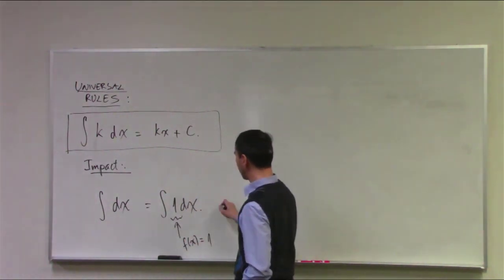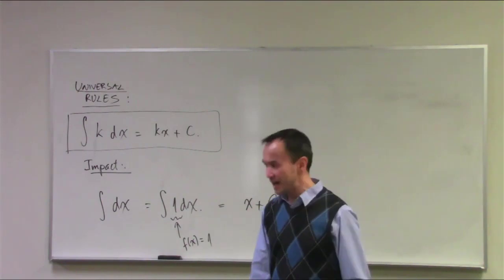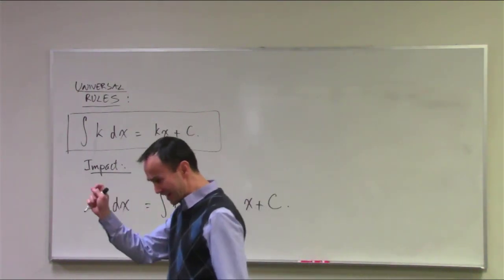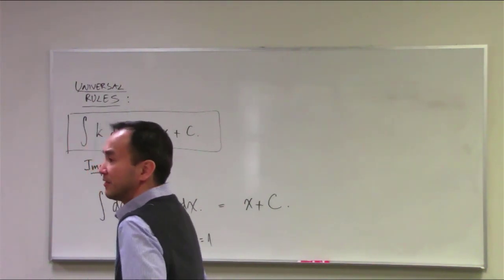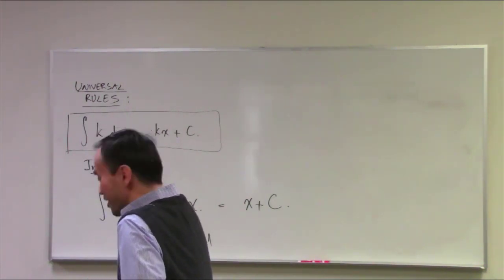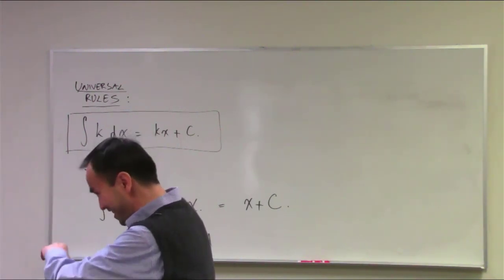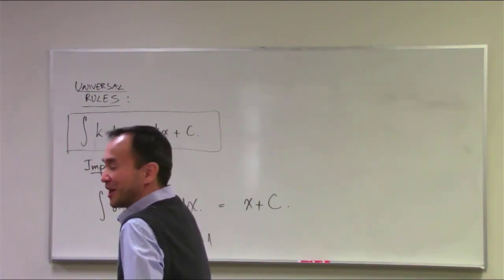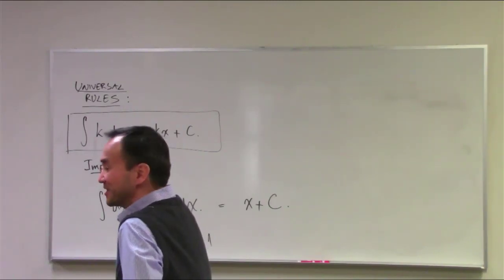Now with this rule right here, it's easily just x, 1 times x plus c again. But why is it a product between a function and that dx? I will save that explanation for later, because right now we're just at the very beginning of our journey. At some point, if I turn on the green light for you guys, then yes, we can cheat a little bit. But otherwise, most of the time we stay aligned with the proper order of how we learn these things.